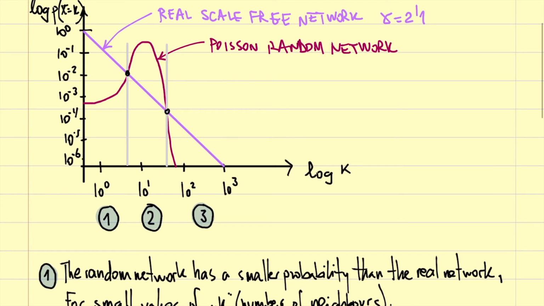So in this area, here is the average degree. The Poisson random network has more nodes than the real scale-free network. Okay.